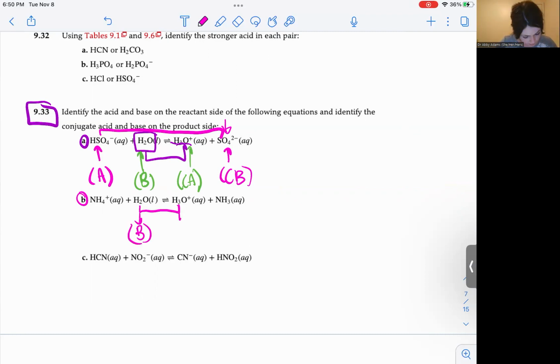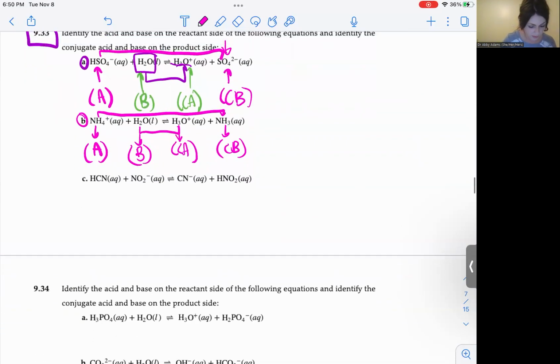So this is going to be our conjugate acid. And we have our acid, which can then donate a proton, and you have ammonia, your conjugate base. All right.